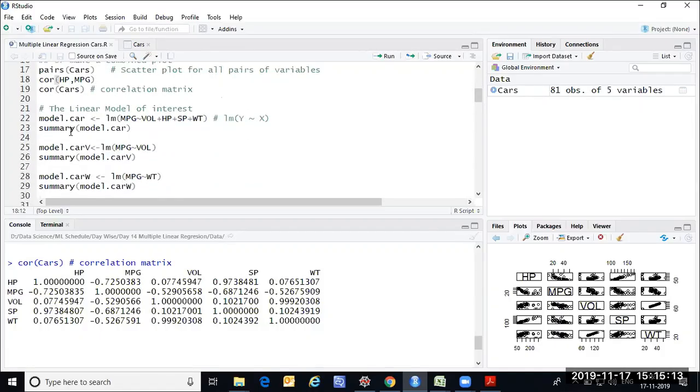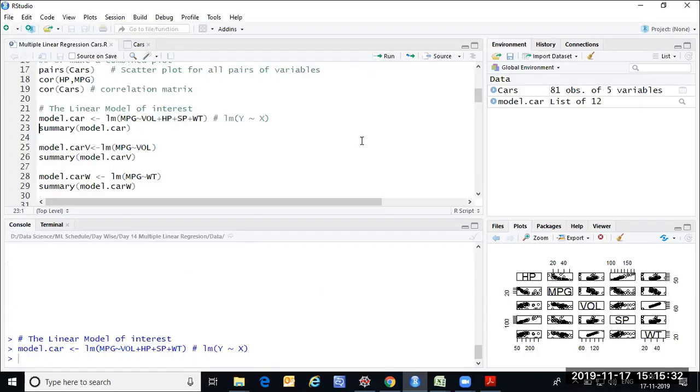Now, let's build a simple linear regression model by considering MPG as the output variable, Y, tilde all other input variables, x1 plus x2 plus x3 plus x4. Let's build a base model. Now let's see the result of this.